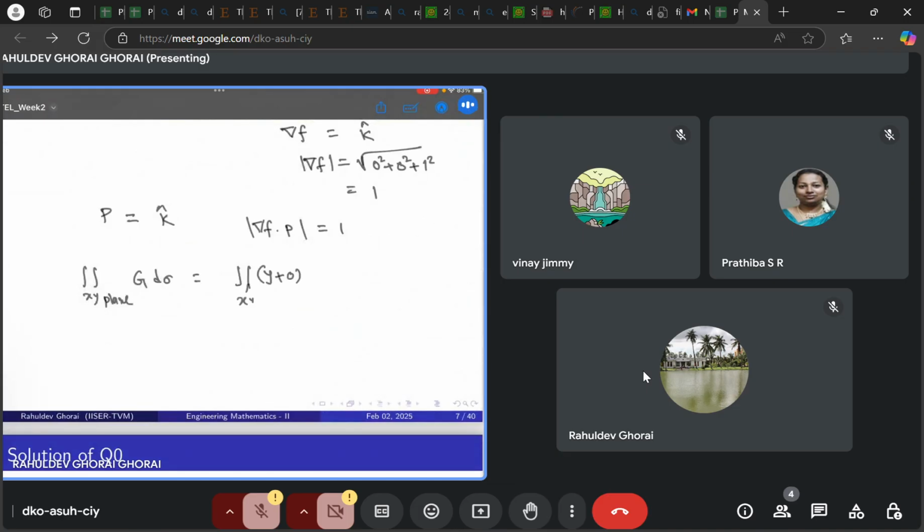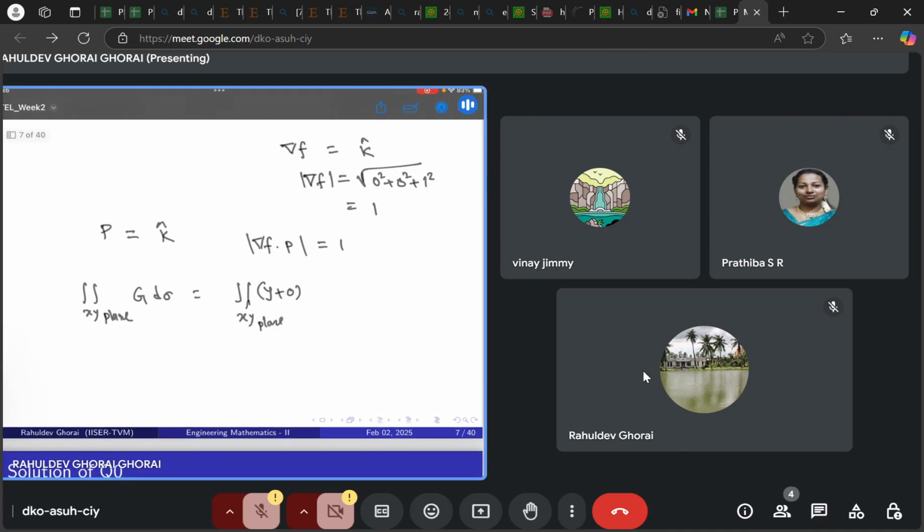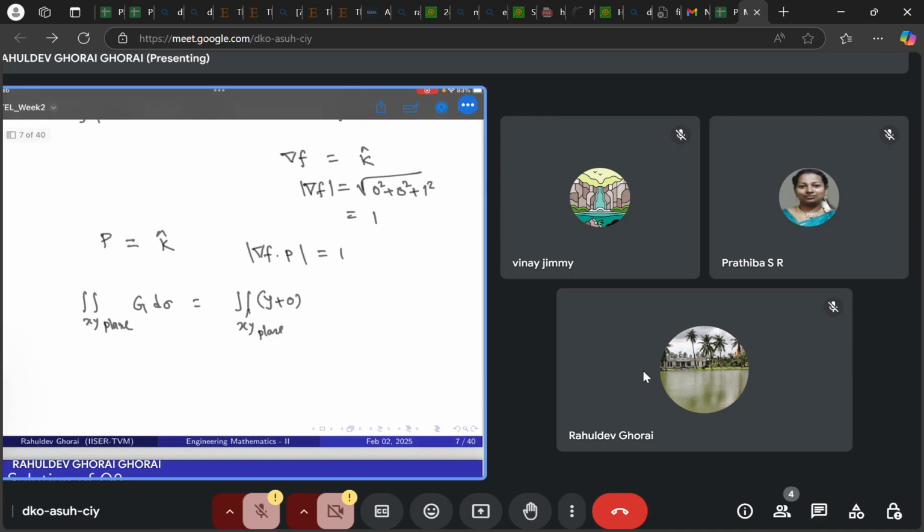So over the xy plane you have y plus 0, d sigma. Now d sigma is modulus of gradient of f over gradient of f dot p, which is 1, times dA. dA will be dx dy, that you know, right? So it will be y times dx dy.